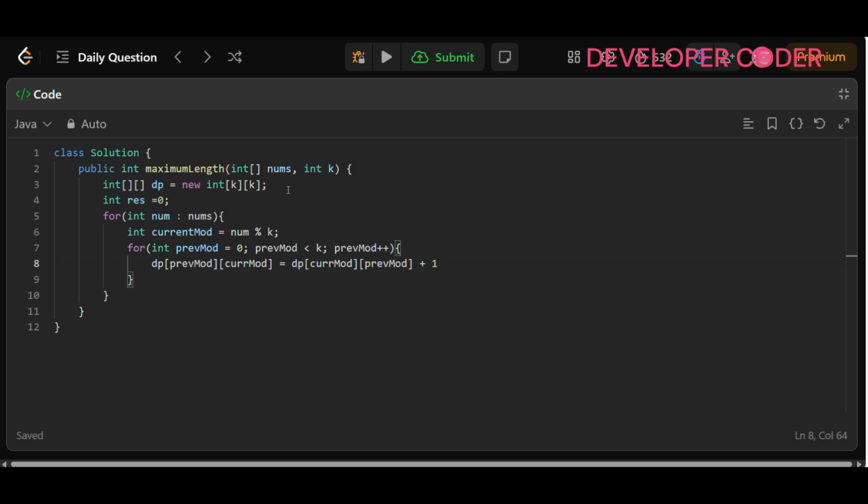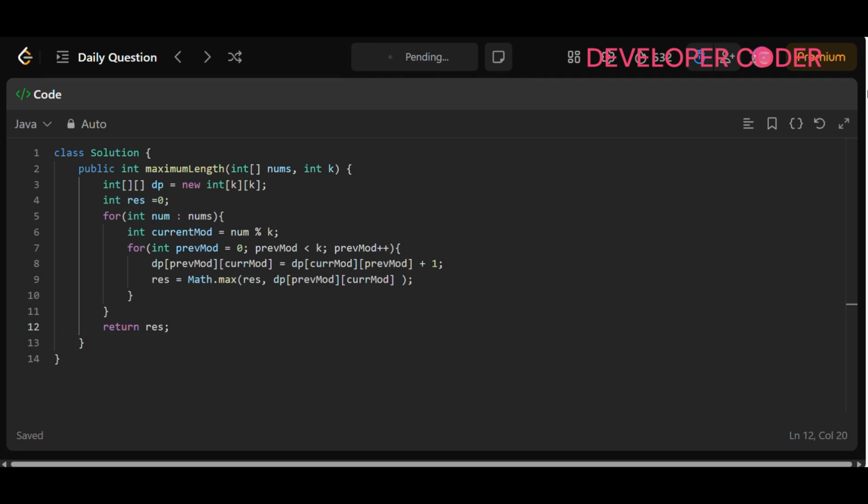In this you have to add one, because you are adding the current number. In the result we have to update: result is math dot max of result and this value. That's it. And in the end simply return result.